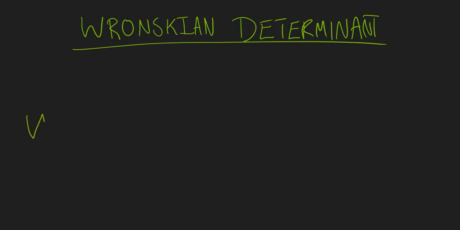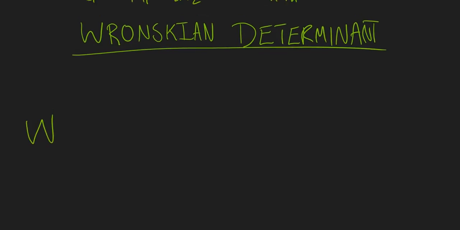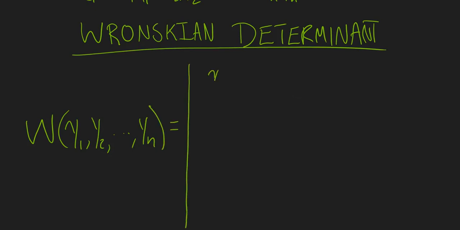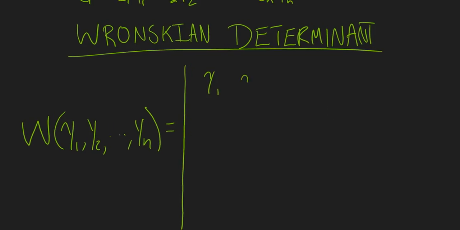So we have W, which denotes the Wronskian determinant, and we'll have the Wronskian of y1, y2, on and on up to y sub n. What this is equal to is a determinant where in the first row we will just write all of our solutions, y1, y2, on and on up to y sub n.